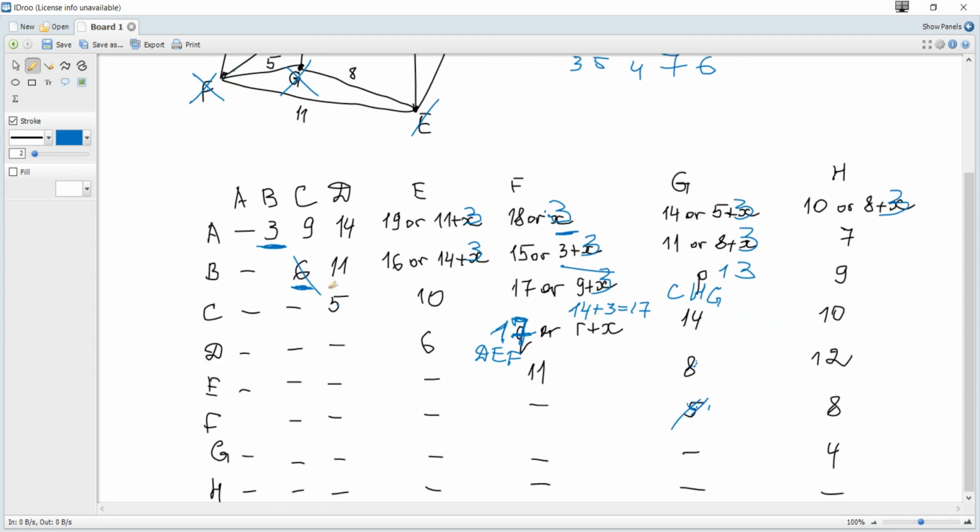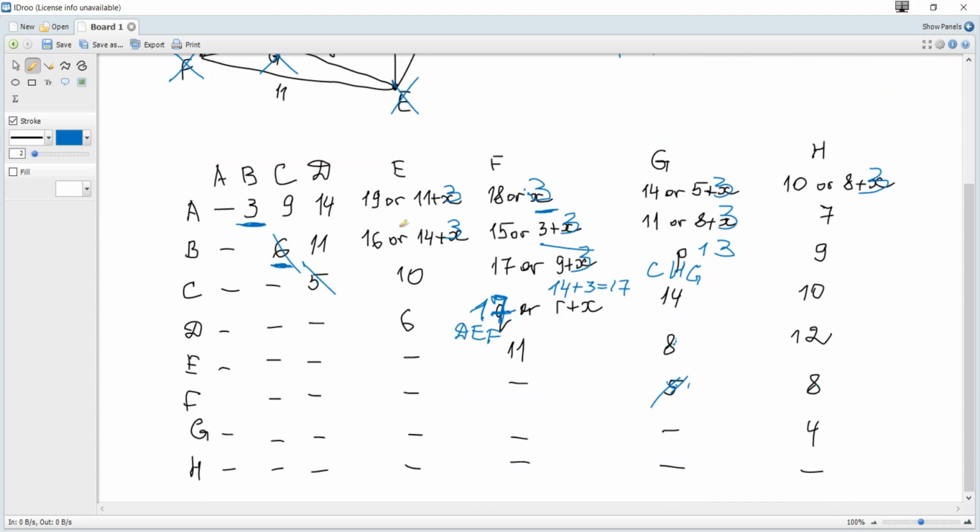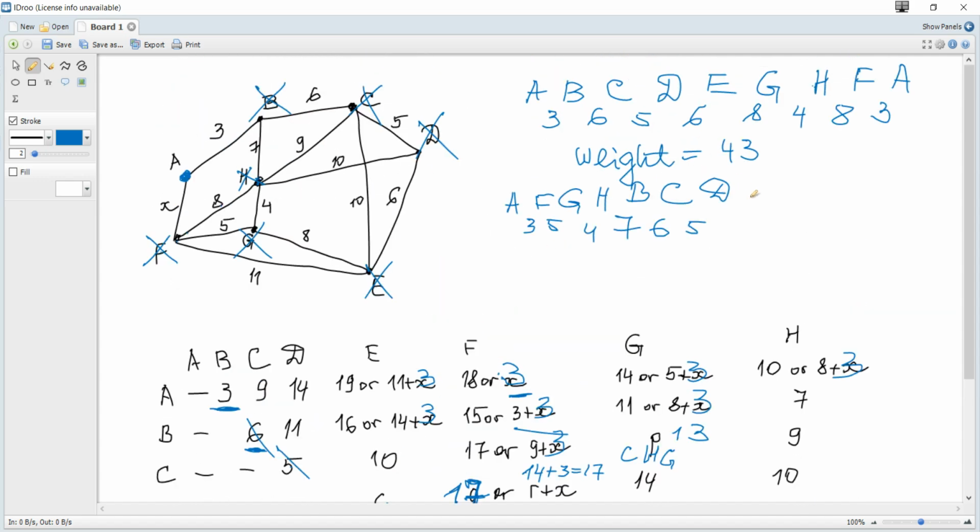Then from C to D it's 5, CD 5. Then from D to E it's 6.